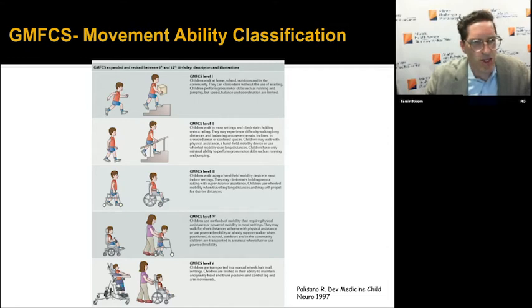The classification has different age ranges going from 2 years of age to 18. And here's a description and illustration of the age range between 6 and 12. And these researchers were pretty bright because they accompanied their description with illustrations so that simple-minded orthopedic surgeons like myself could follow them pretty easily. So let's just go through these.